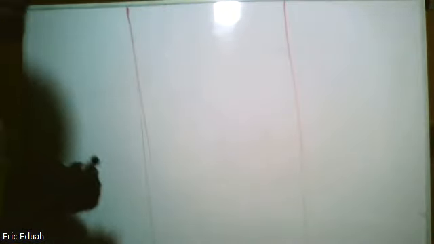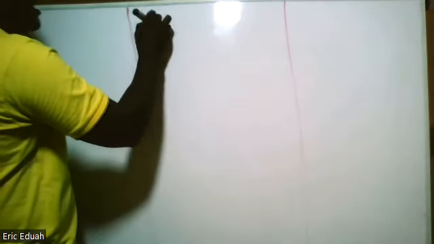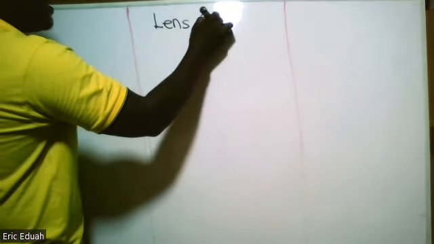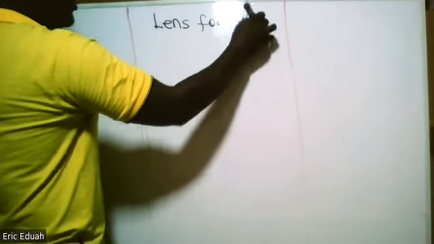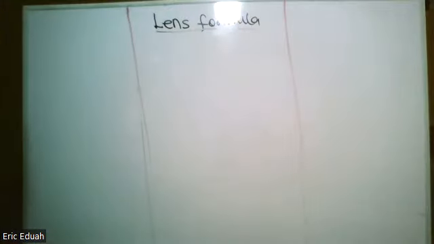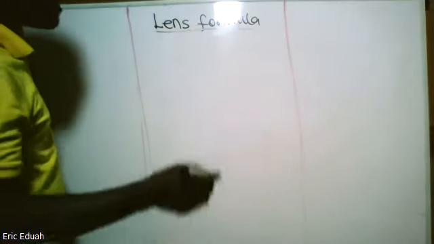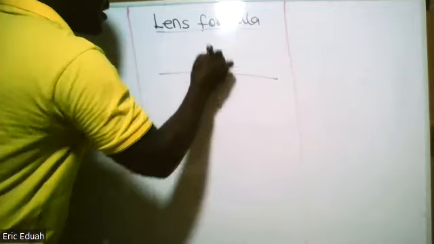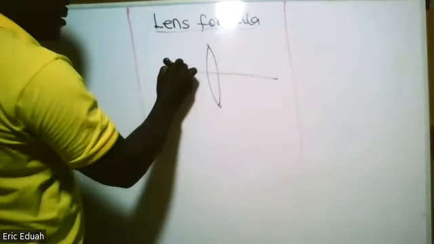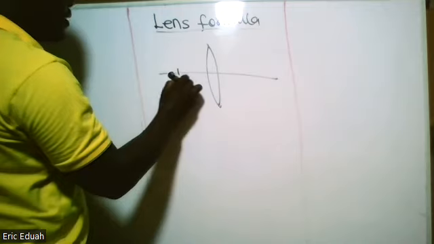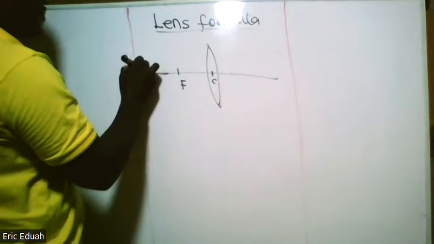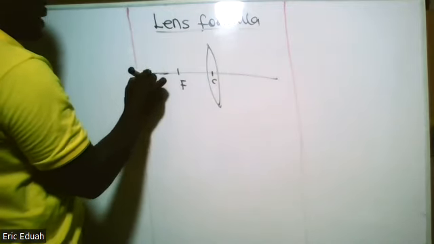All right. So we can also use the lens formula, similar to the mirror formula. It's the same, not even similar. We can use the lens formula to describe the nature of the image formed. And the lens formula is the same as when you have this is F, then this is C, 2F.